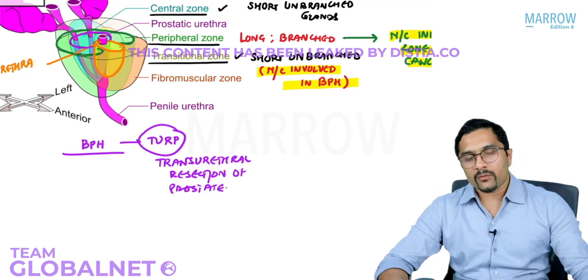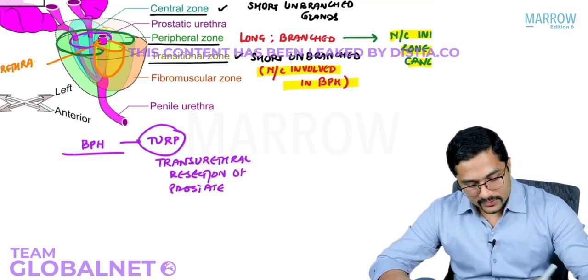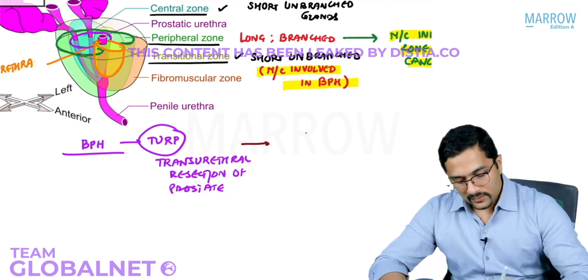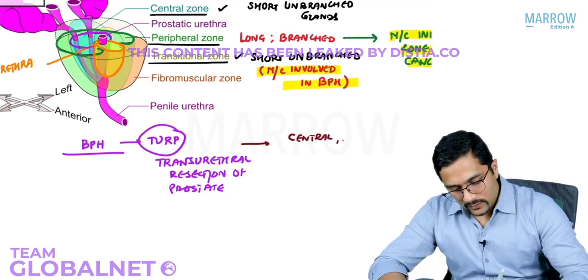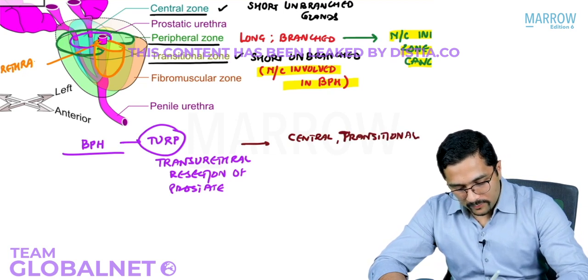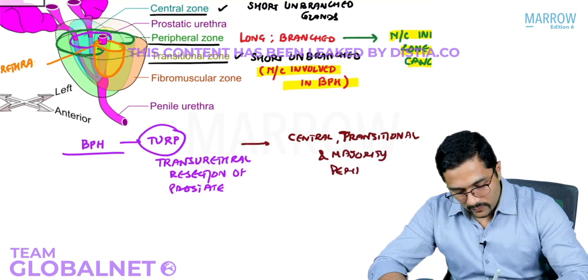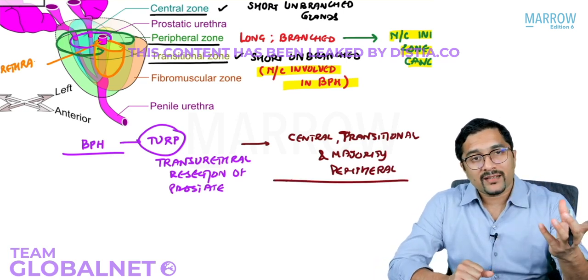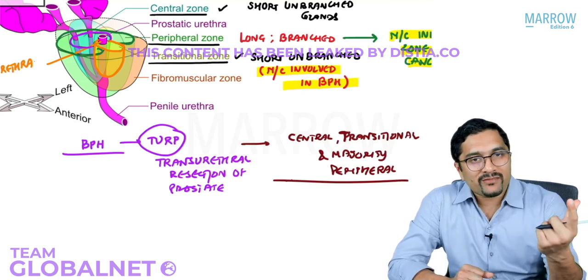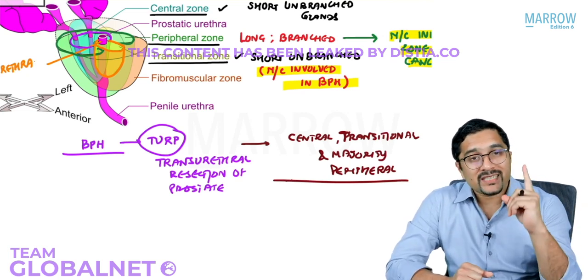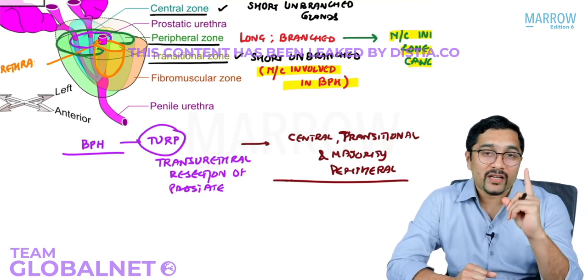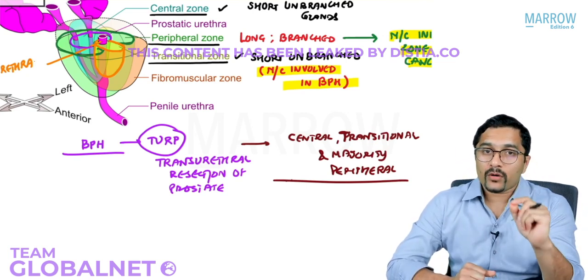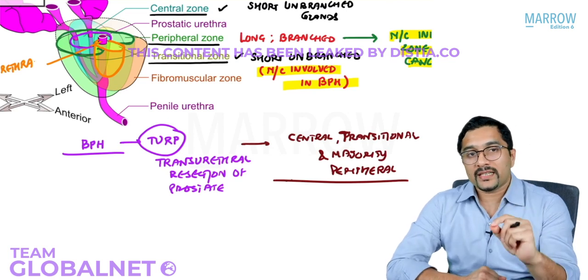In TURP, the surgeon is going to remove the central zone, the transitional zone, and the majority of the peripheral zone. But some bit of the peripheral zone is still left behind, and that means a patient can develop prostate cancer even after TURP.